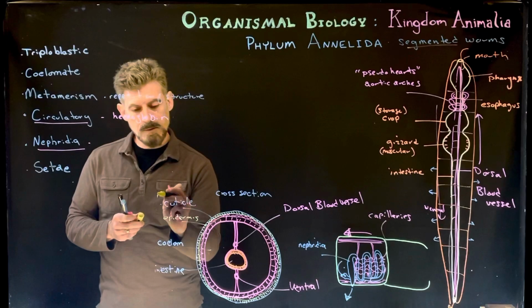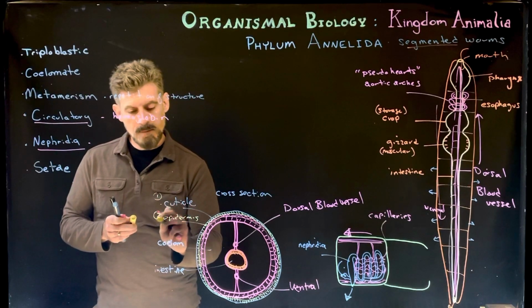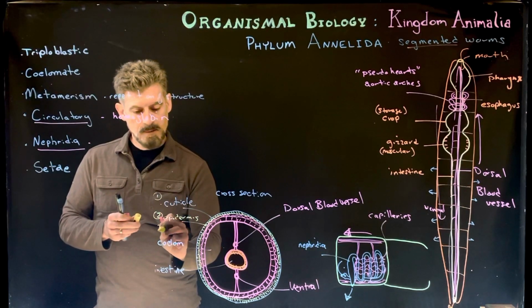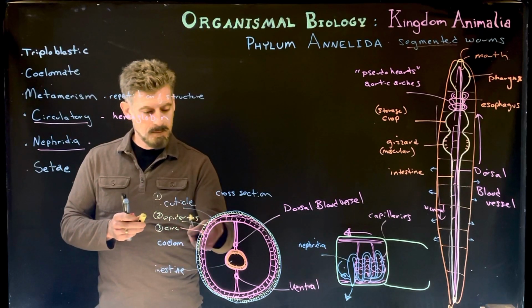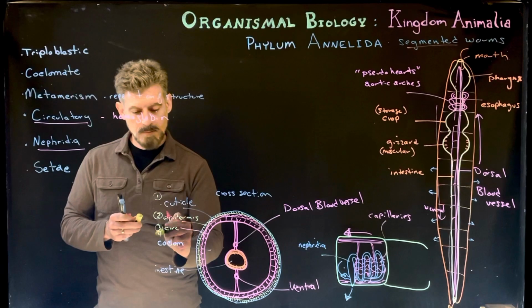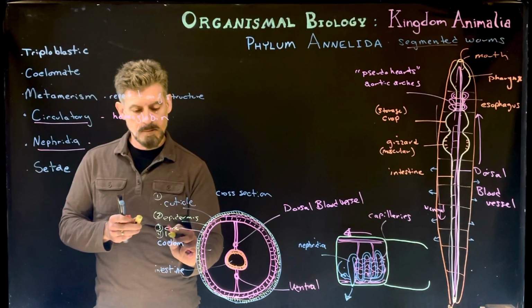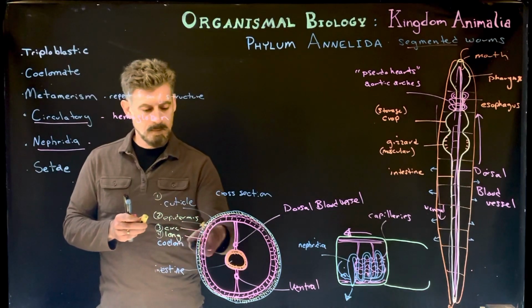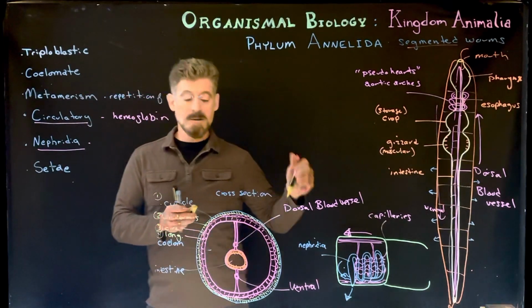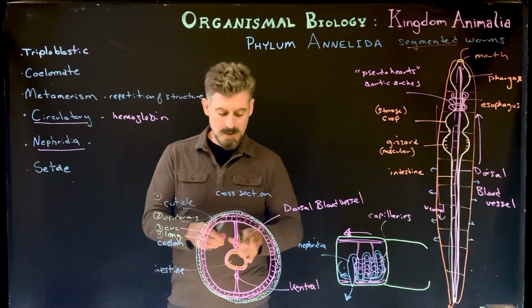So the cuticle is the outermost layer. Then we have the epidermis. Then we're going to have circular muscle next. And then we'll have longitudinal muscle following that. So we have two muscle layers, if you remember back to the nematodes.